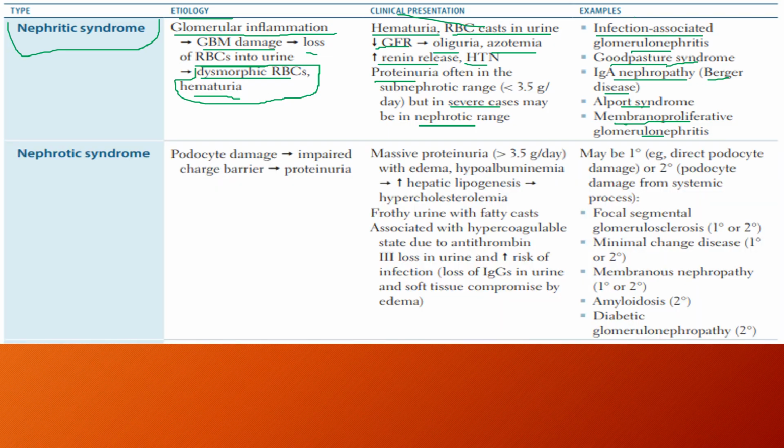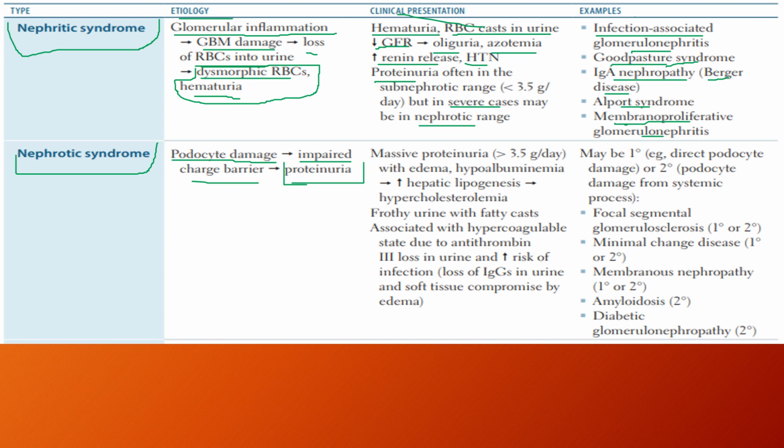Second is the nephrotic syndrome. It is associated with podocyte damage, which impairs the charge barrier, which leads to proteinuria. Proteinuria is the main finding of nephrotic syndrome.